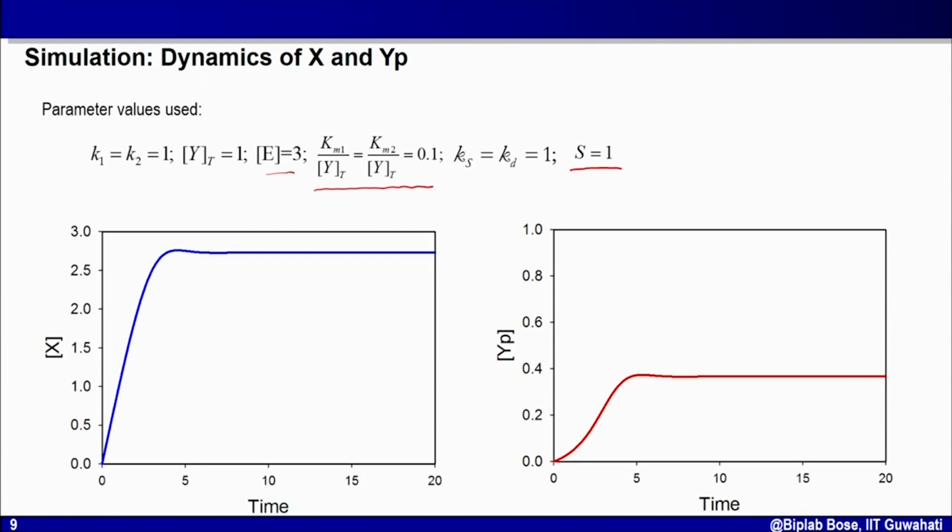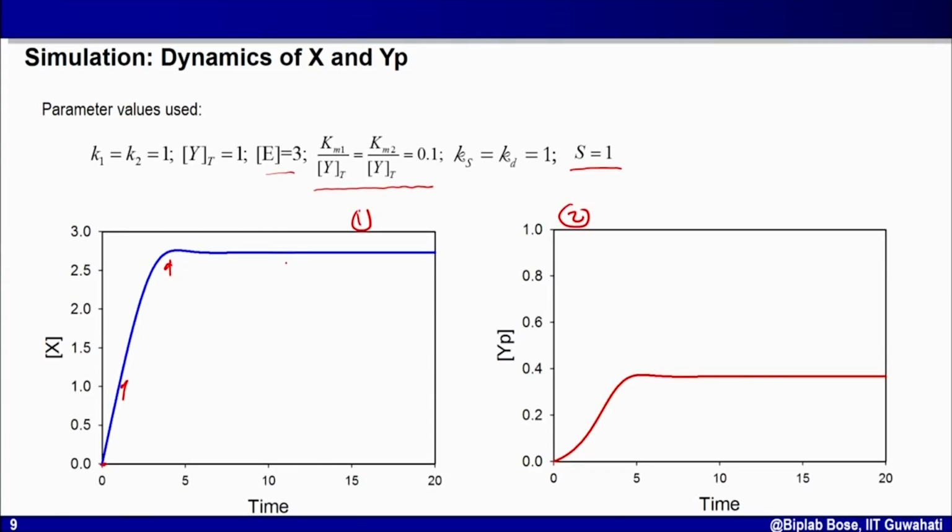If I use these parameter values and simulate using JSIM, I get these two types of dynamics for X and YP. As I am starting with 0, 0, at time 0, X was 0, X increases. I have a slight hump here because, if you remember, the phase plane plot has some spiral tendency. So I have a hump here, and then eventually it reaches a steady state.